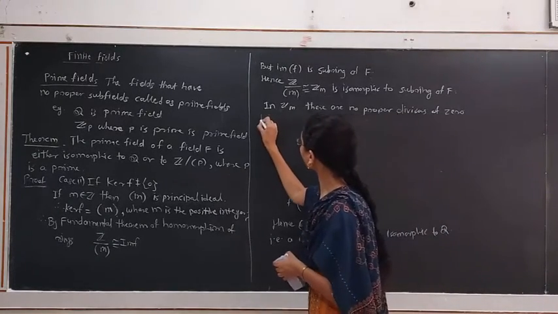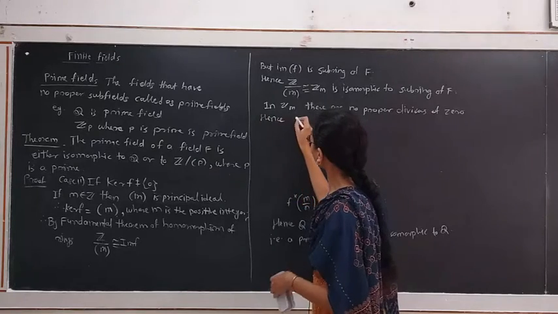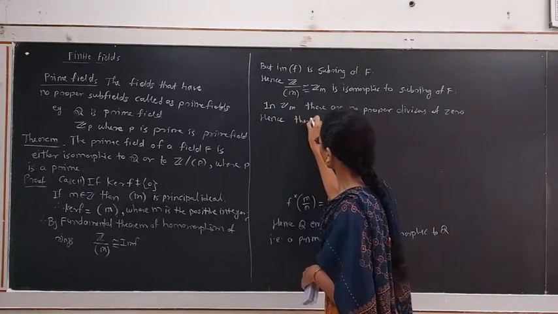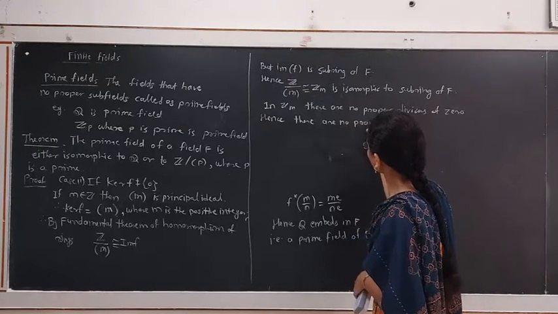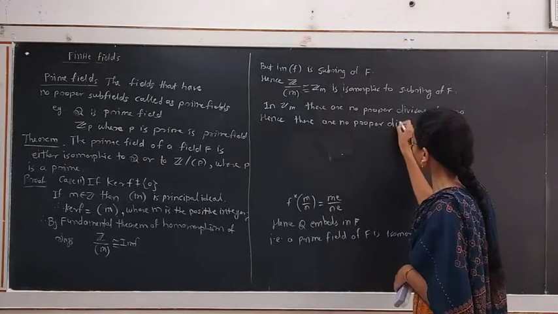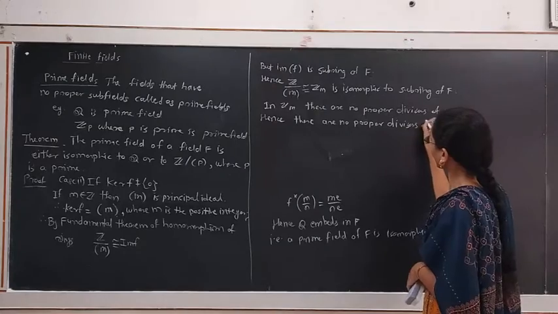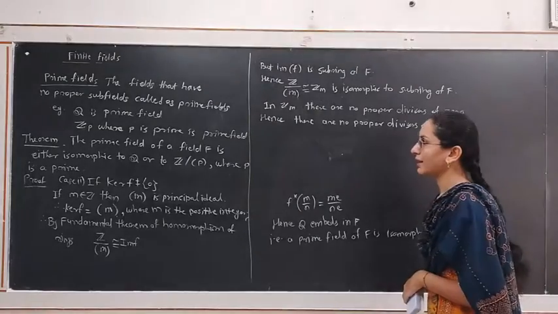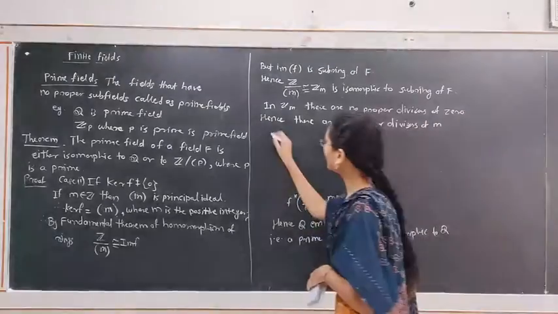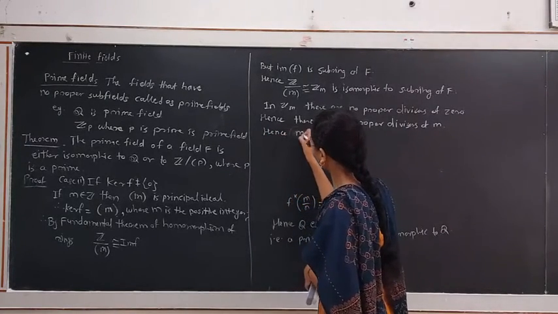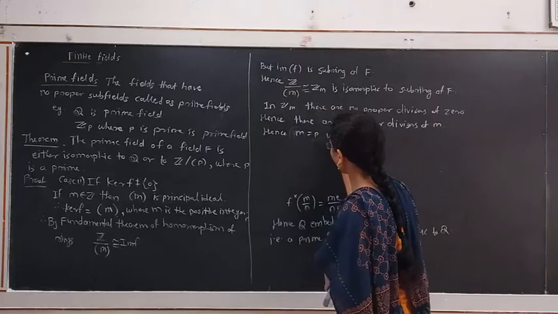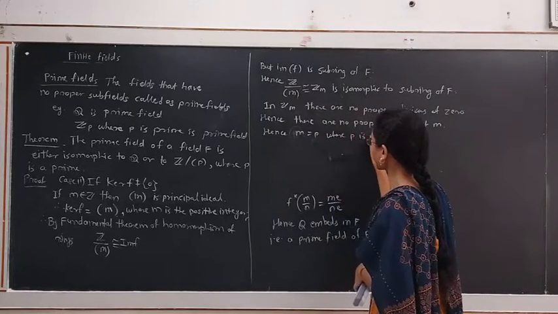Hence, there are no proper divisors of m. That is, m is a prime number. Hence, m is equal to p, where p is prime.